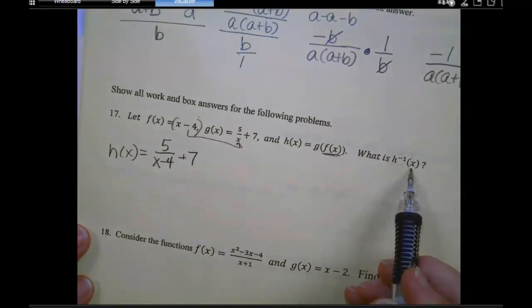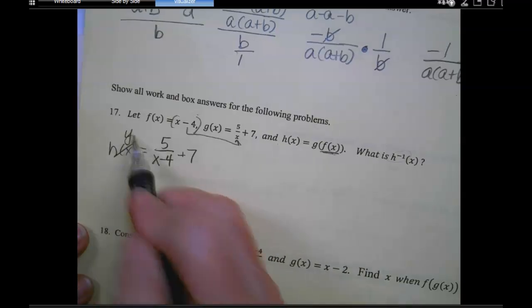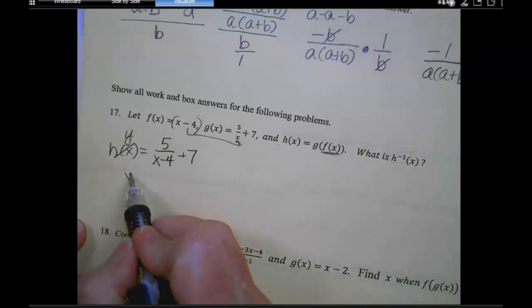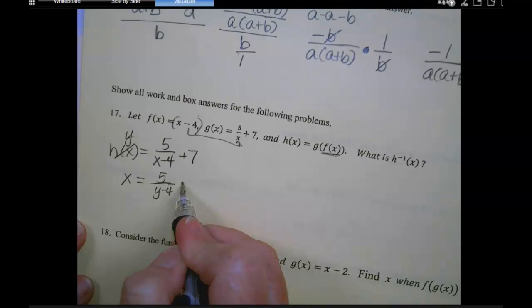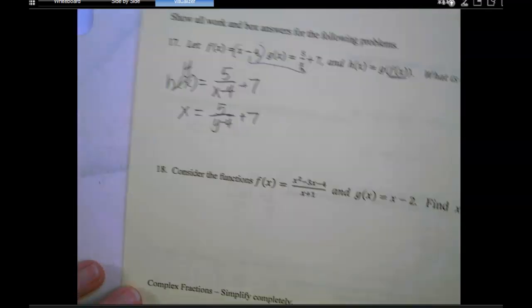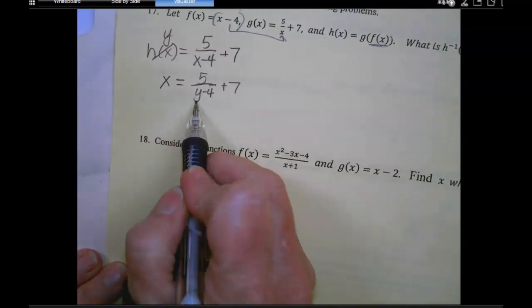The inverse, and how do I find the inverse? So if this is my y, I have to flip the x and the y. So now I have x equals 5 over y minus 4 plus 7. So let's remember, what am I solving for? I'm solving for y, correct?